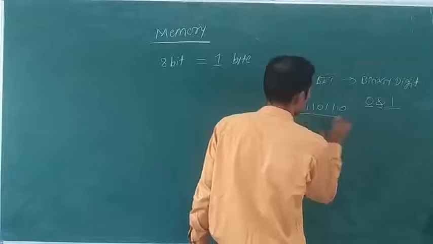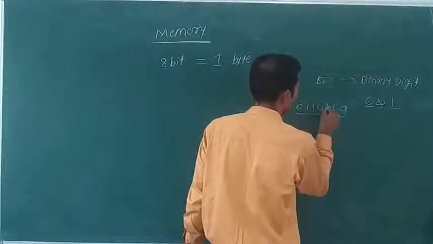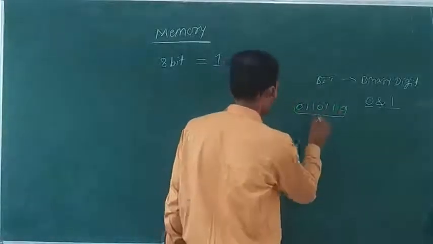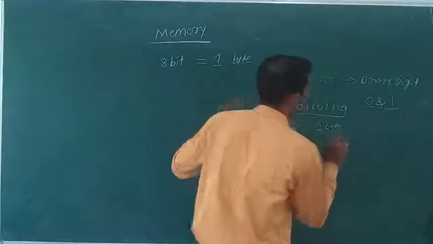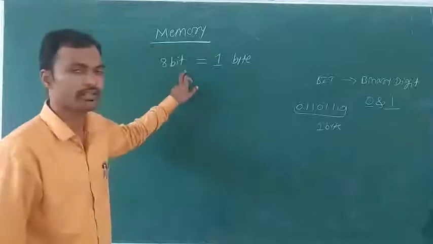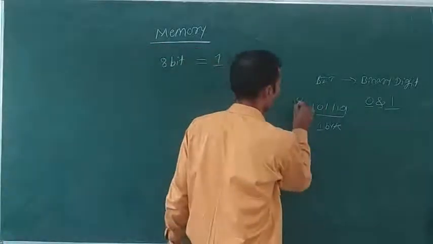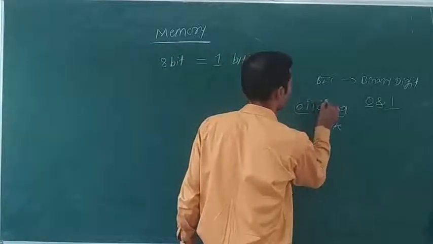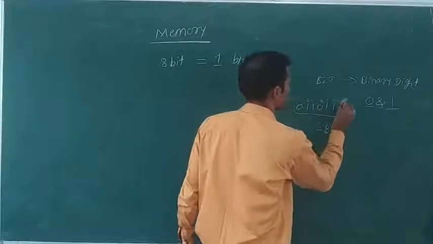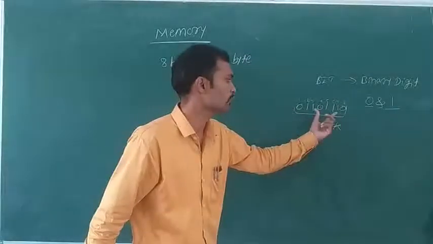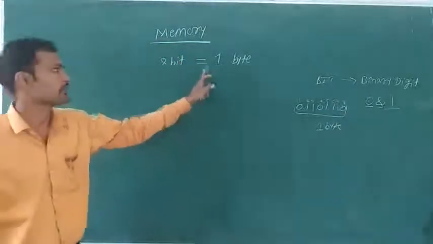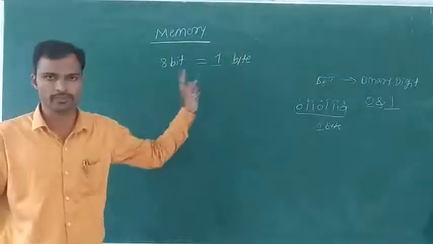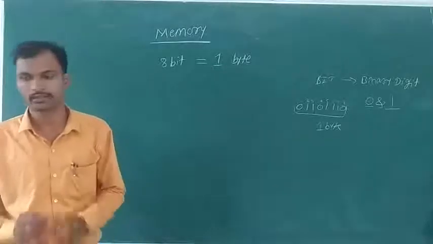How many are there? 1, 2, 3, 4, 5, 6, 7, 8. So this 8 is nothing but 1 byte. These are the bits, 1 to 8. This group of 8 bits becomes 1 byte. So 8 bits is equal to 1 byte.